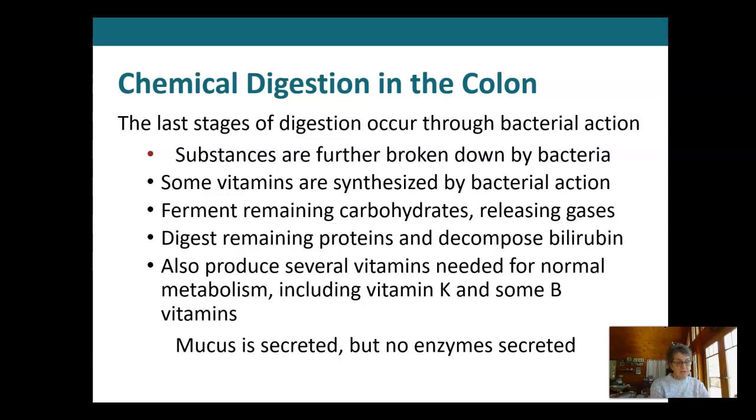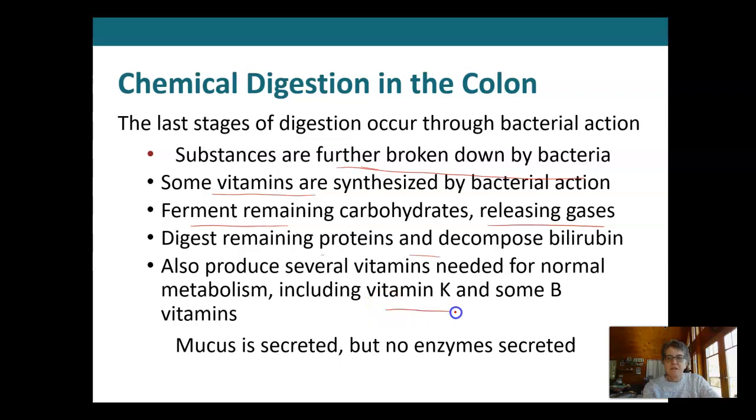Well, let's look at some chemical digestion, which I hate to say is a process that occurs because it's not vital for our survival. So we have some things further broken down: proteins, carbohydrates, and it's fermenting those carbohydrates, giving us gas, and making some vitamins like vitamin B, chemically digesting some more proteins into amino acids.